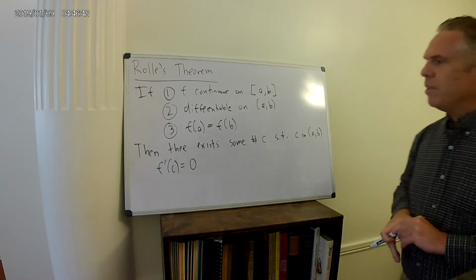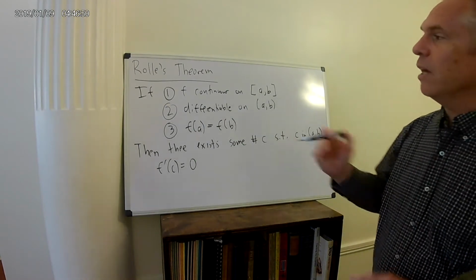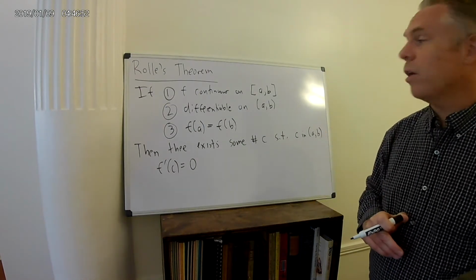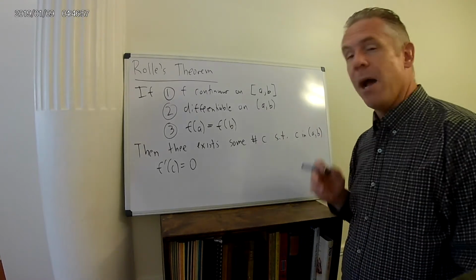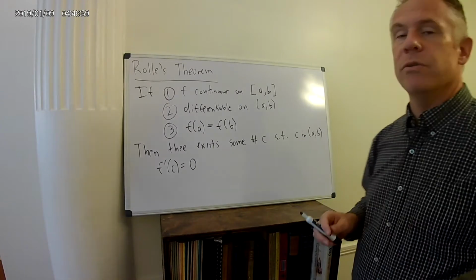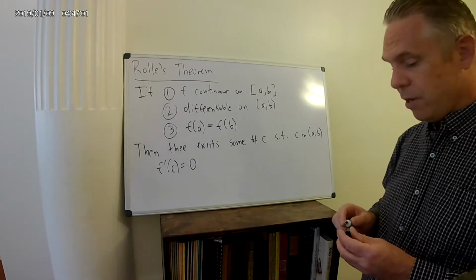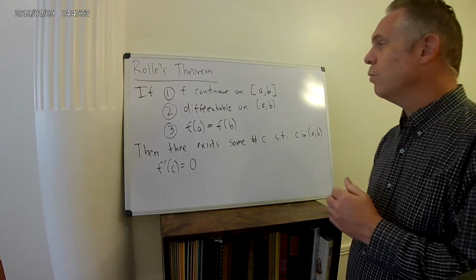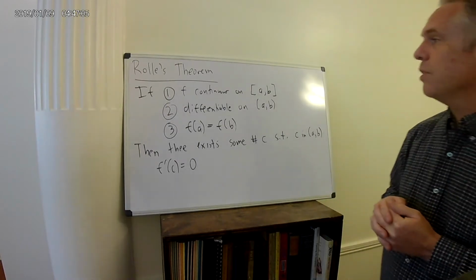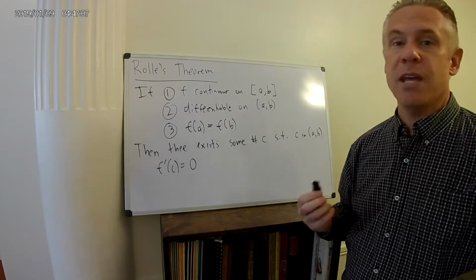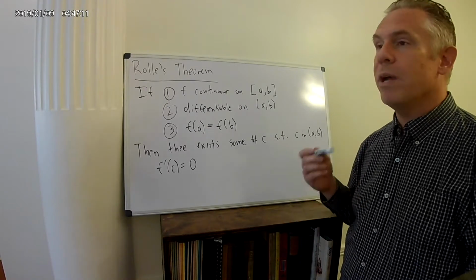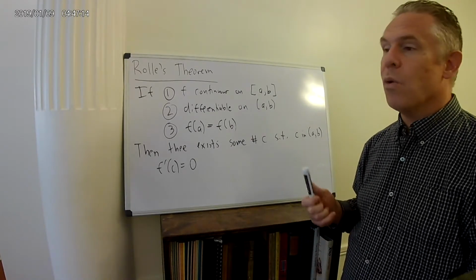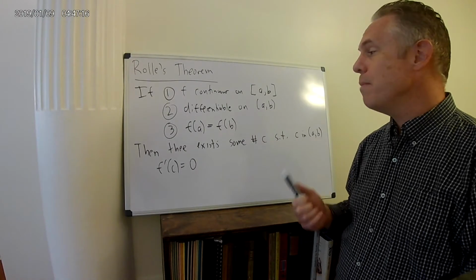Okay, this might seem like high-level math jargon here, but actually this theorem makes quite a lot of sense. We're not going to prove this theorem, but we're going to justify the reasonableness of this theorem. And basically in words, what this theorem says is if you have some function that has the same value at two different points, then there must be some point in between those two points where that function either maximizes or minimizes.